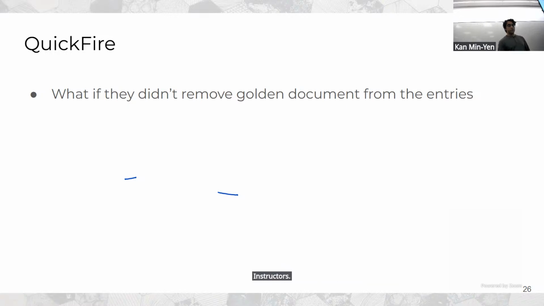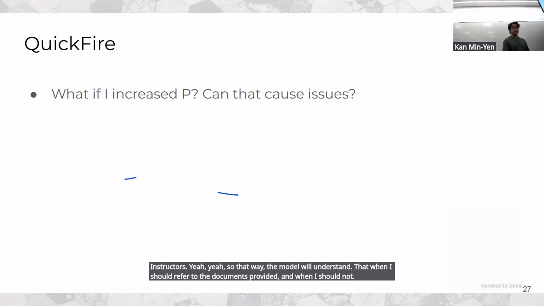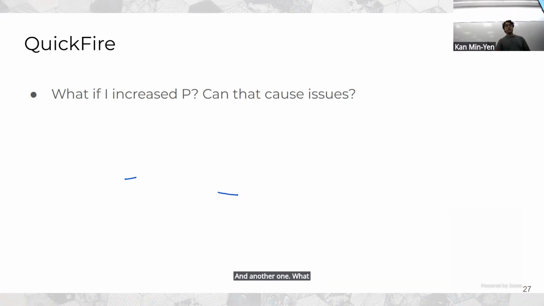Yeah, so that way the model won't understand when it should refer to the documents provided and when it should not. And another one, what if I increase the value of p? Can that cause some issues? Maybe if it's too supervised, it may not learn to pick the right information at all.